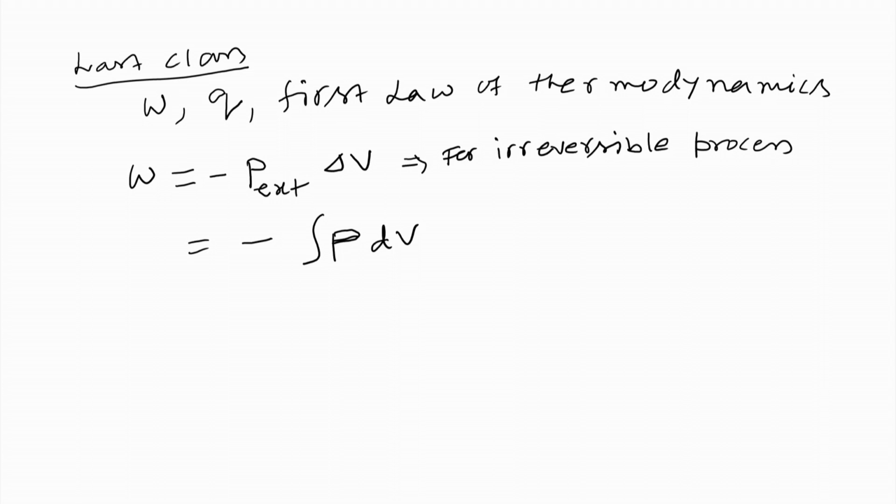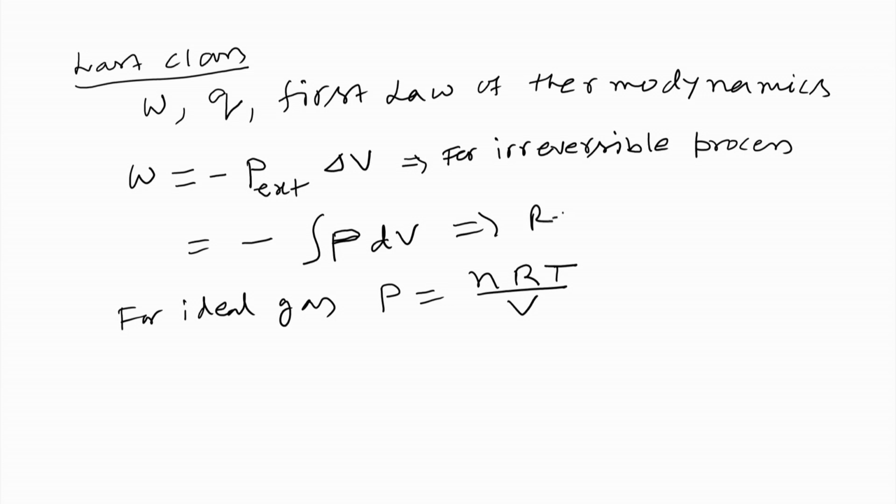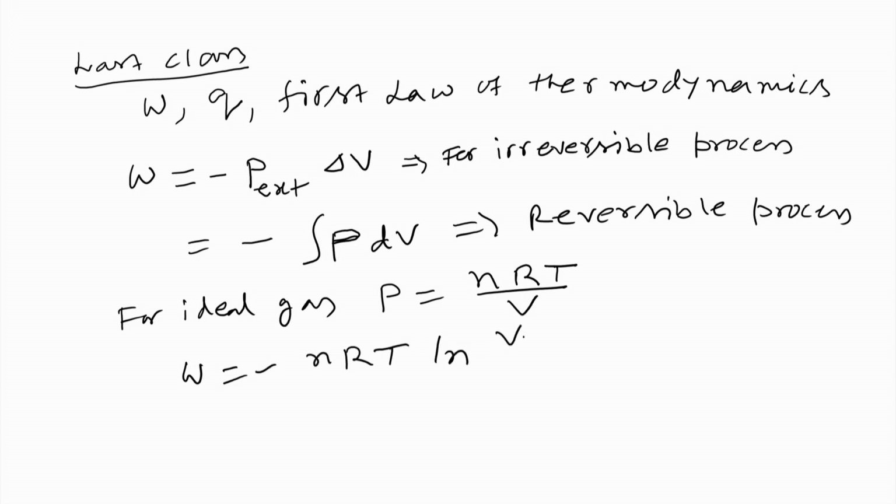For ideal gas, P is, we know, nRT by V, and if we substitute the value of P, we get W is minus nRT ln V2 by V1, where V2 is the final volume and V1 is the initial volume.